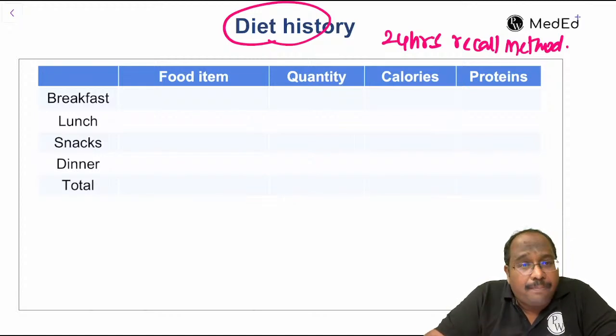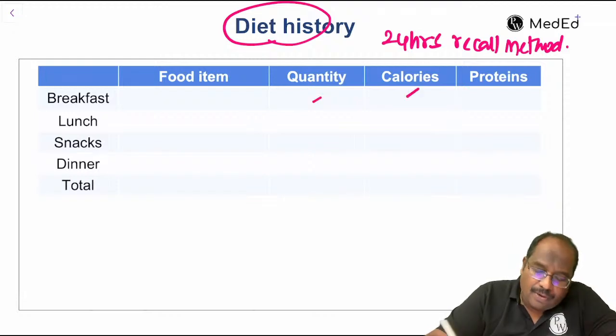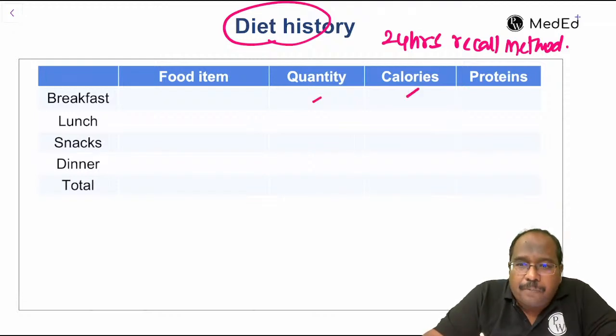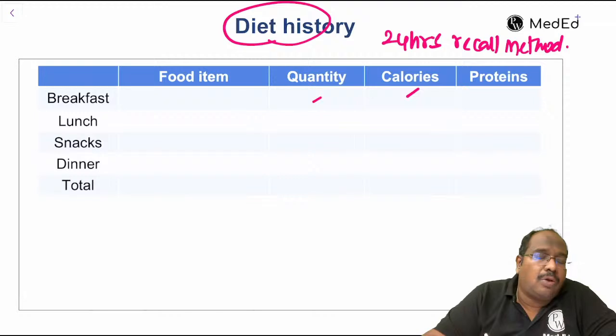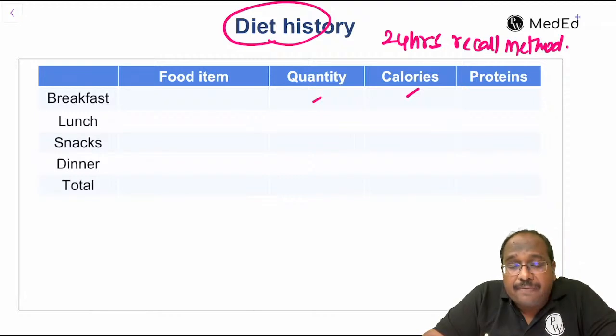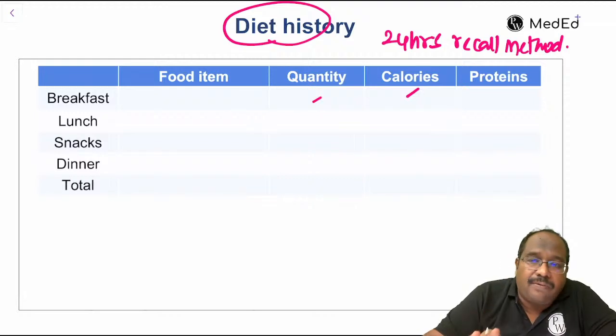So breakfast, lunch, snacks, and how much quantity, and look for calories. If possible, proteins too. How much poha gives, how much roti gives, how much dal, a cup of dal gives, how much idli gives, how much dosa gives, how much a cup of chai gives.